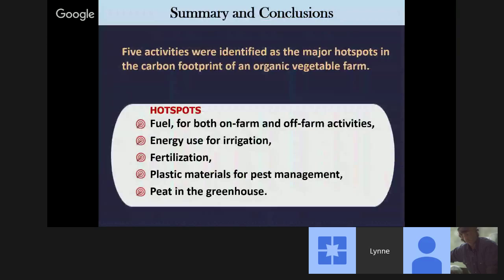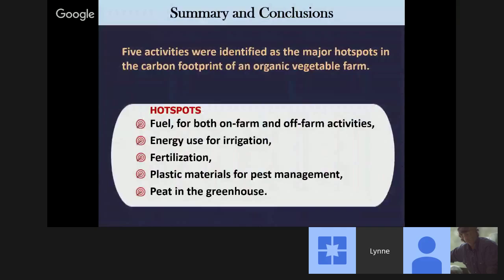So in this situation, Cornelius identified 5 activities as major hotspots, which were fuel use, energy for irrigation, fertilization, plastics, and actually another surprise was the peat that was being used in the greenhouse. Some of these things will be reasonable to change, and some of them won't.